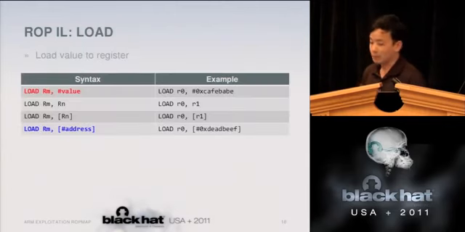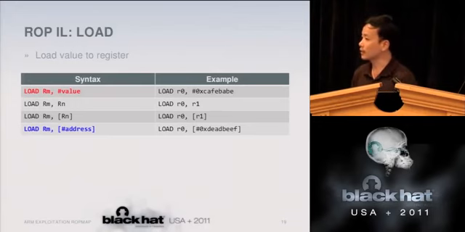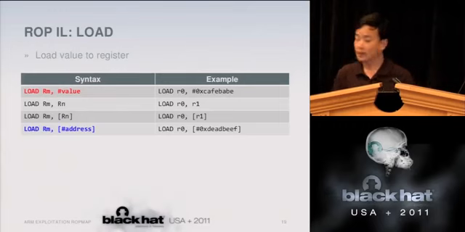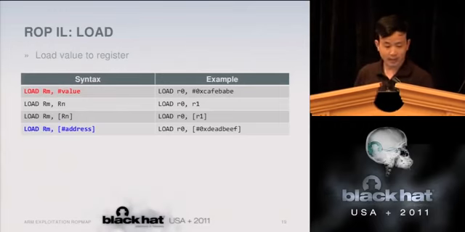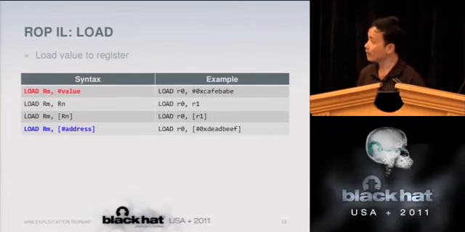The first instruction, and the most commonly used instruction, is load. To load a value to a register, the left-hand side must be a register, and the right-hand side can be of any type. So we have here, for example, a load of register 0 with the value 0xcafebabe. Every constant value starts with a special symbol.